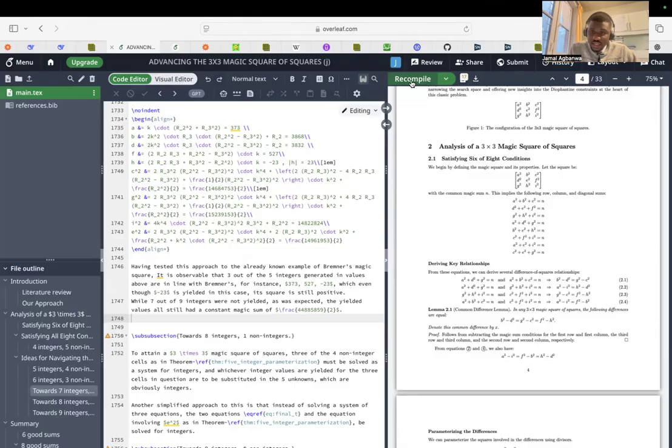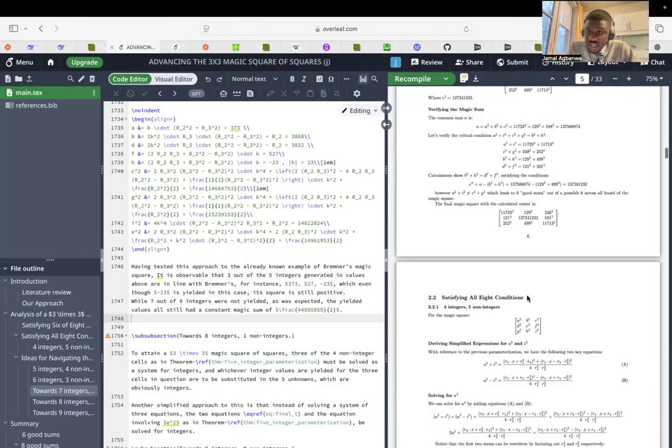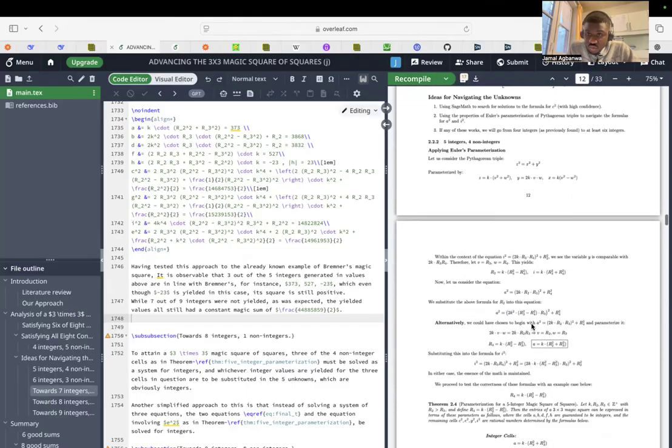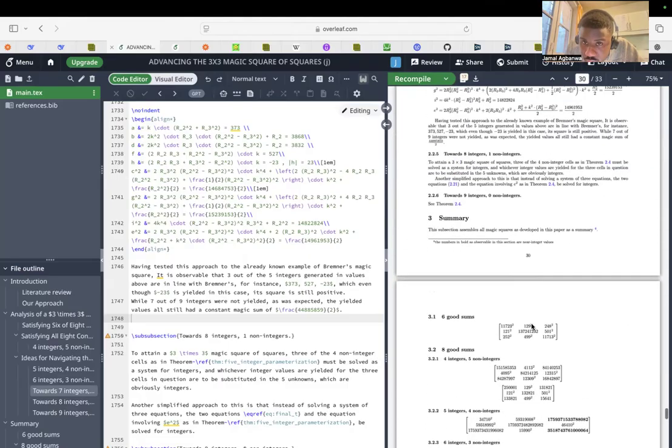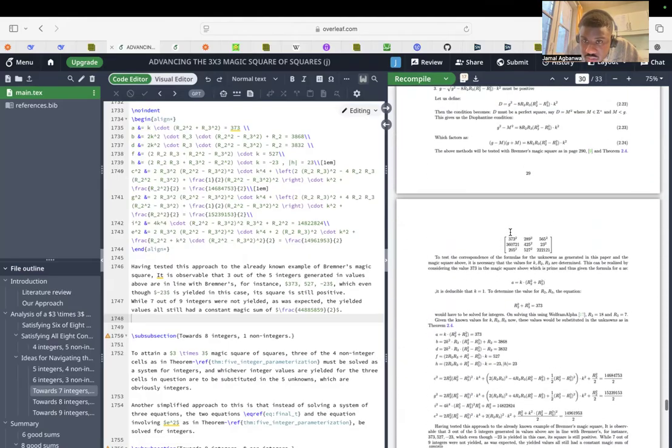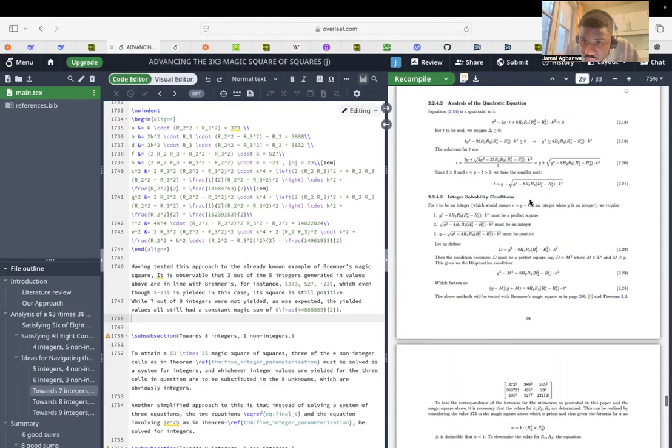I even have an idea on how to approach eight integers out of nine, and it's over here. You'd solve this equation as a system, and G over here is the same as G. If you can solve this as a system as the formula for E squared, I think we can get something. For the formula we generated for I squared, I don't think we can get an integer.